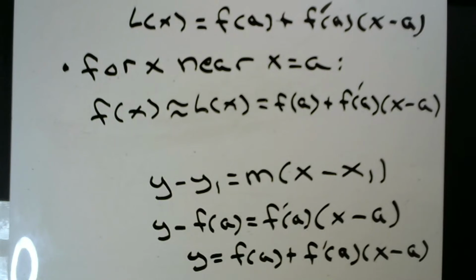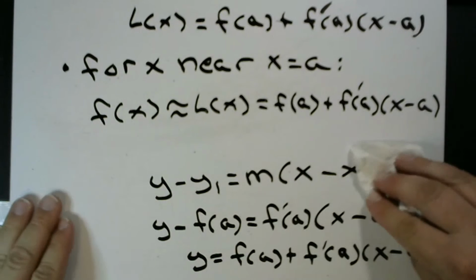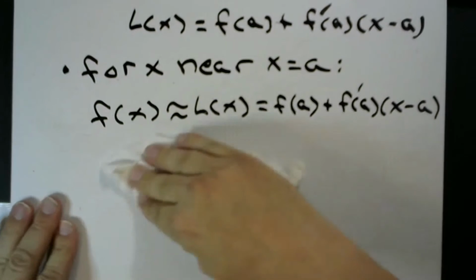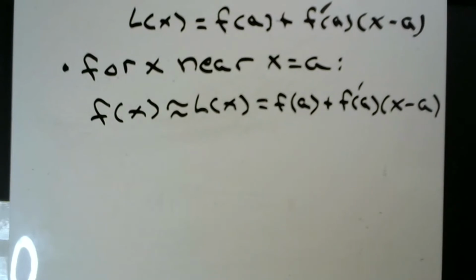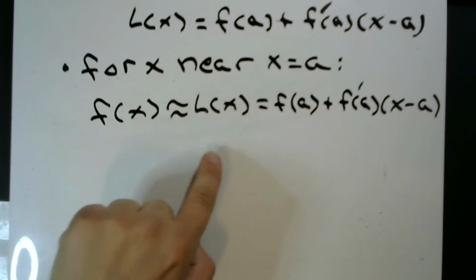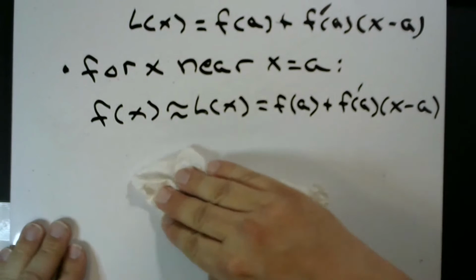So we're going to apply this to a square root function here. We're going to choose an a, and the closer to x equals a we choose our x values, we're going to find that our approximation is more accurate, or there's less error.